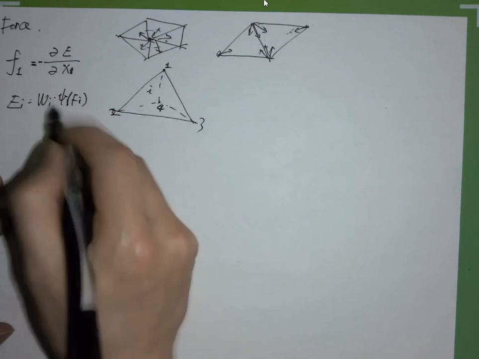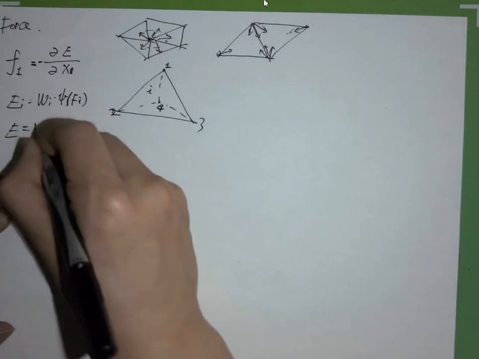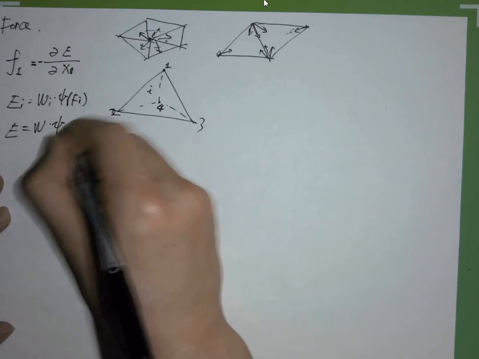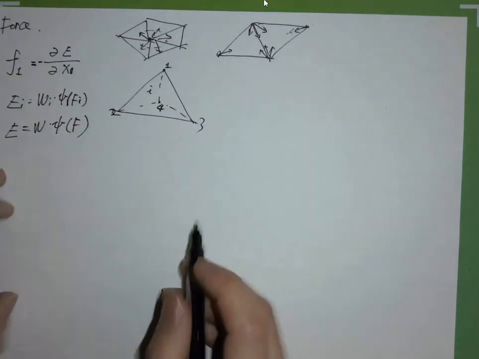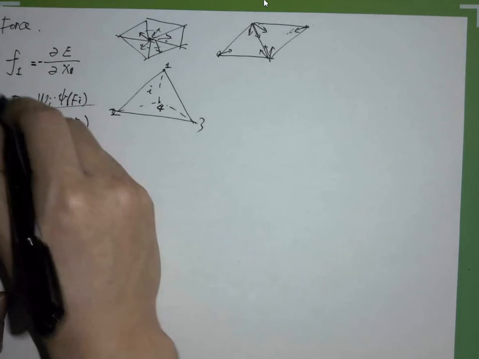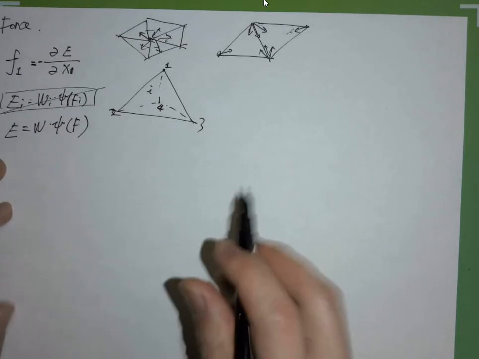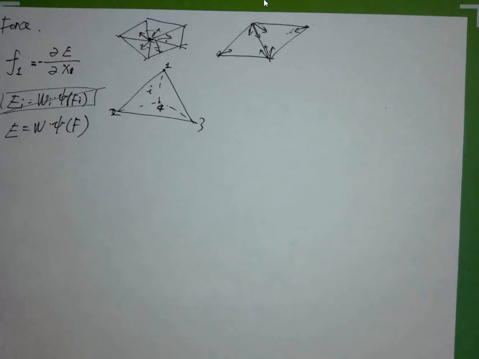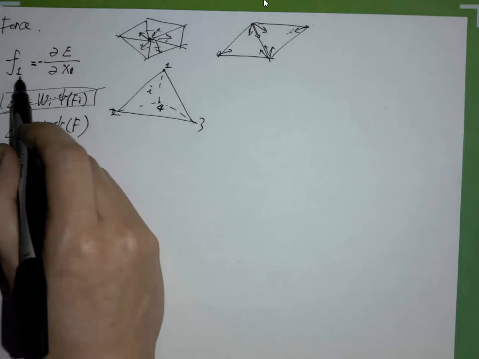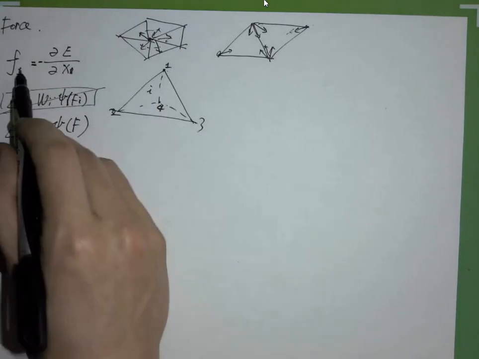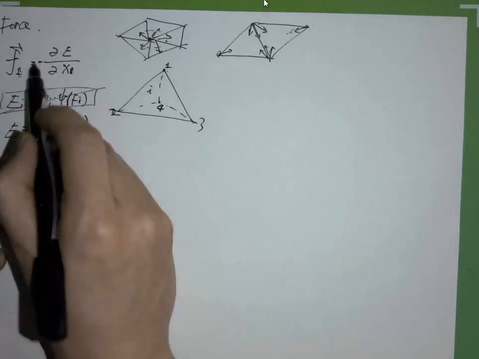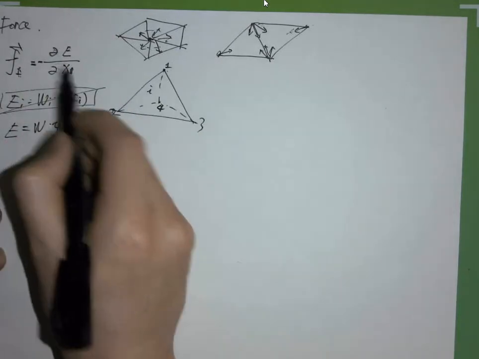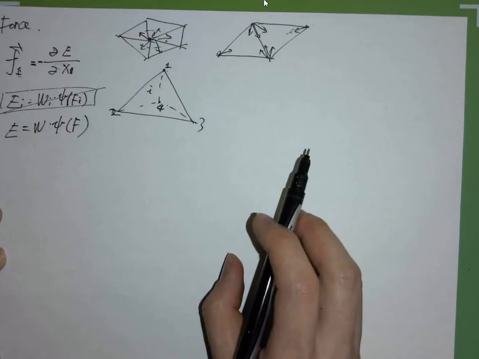So I'm going to write E equals W multiplied by phi of F for simplicity. I just don't want my subscripts to explode. All right. So now F1 means the force acting on the first node. It becomes negative dE/dx1.